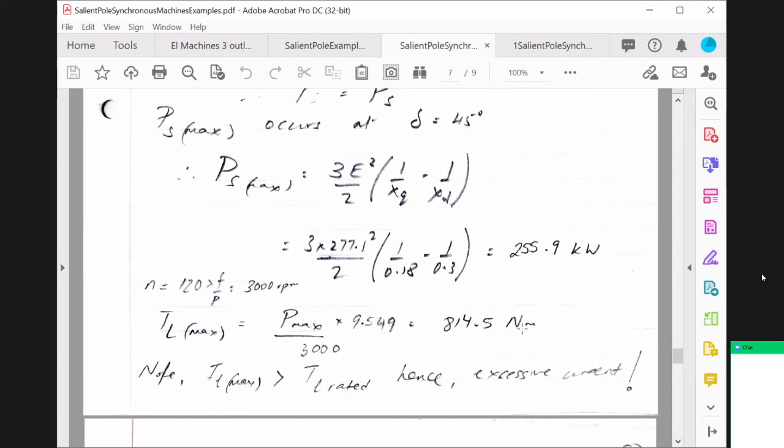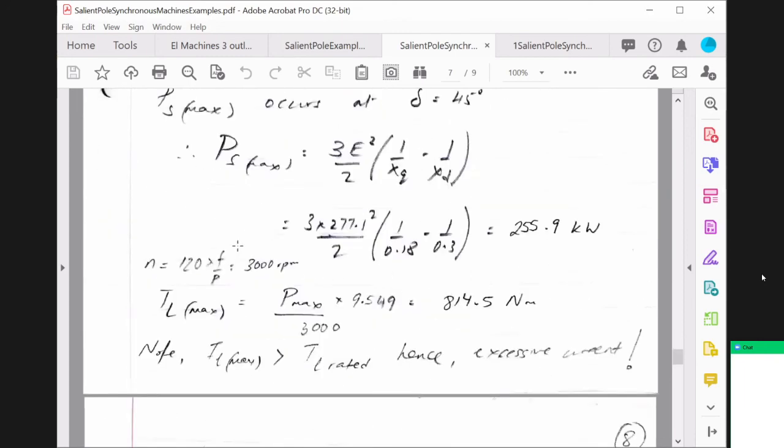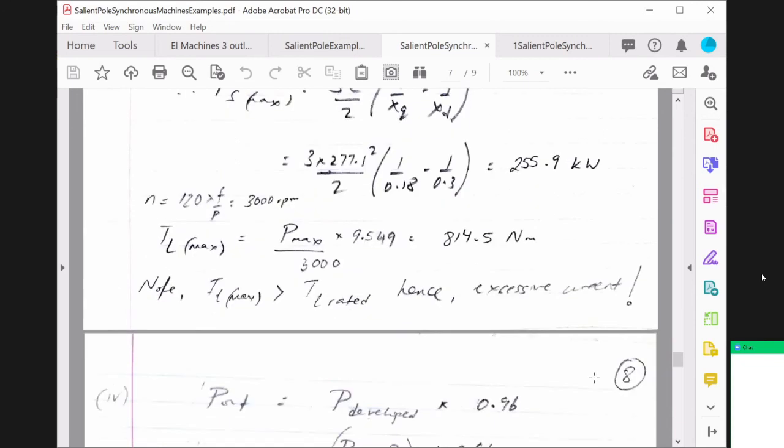And that is greater than the rated current that's specified. Hence, if your motor operates in that mode, TL max exceeds your rated power, and it will have excessive current passed through the motor at this operating condition.